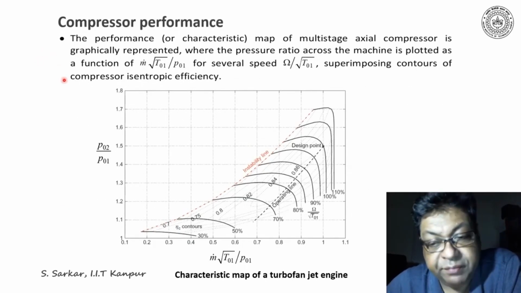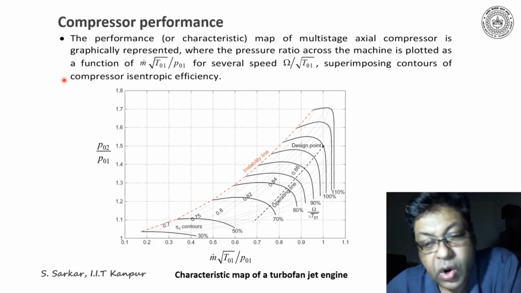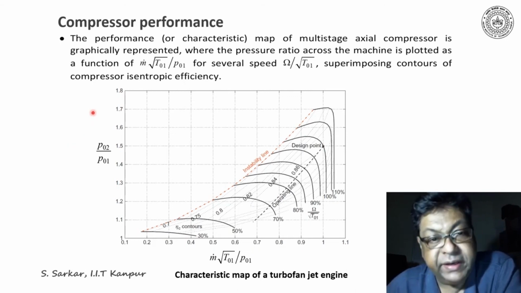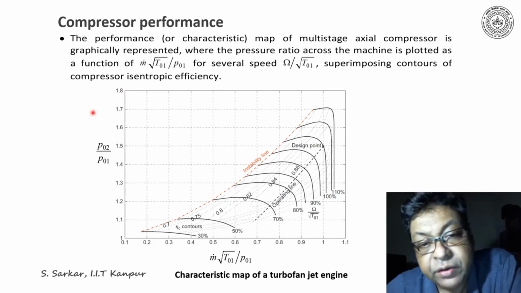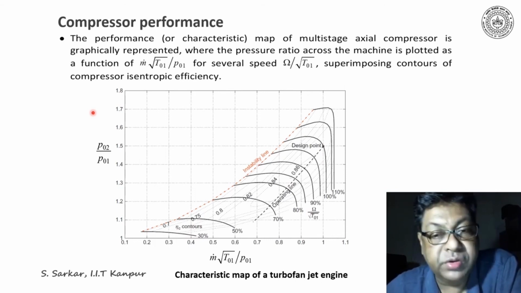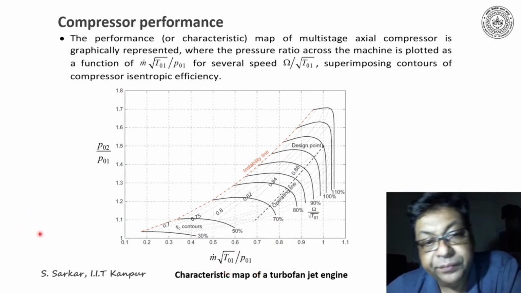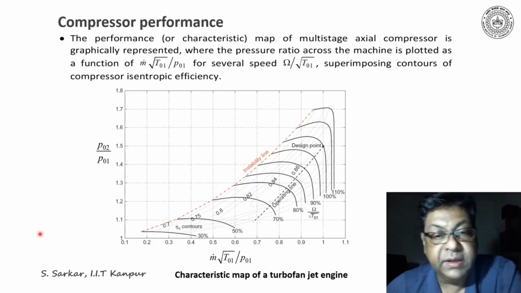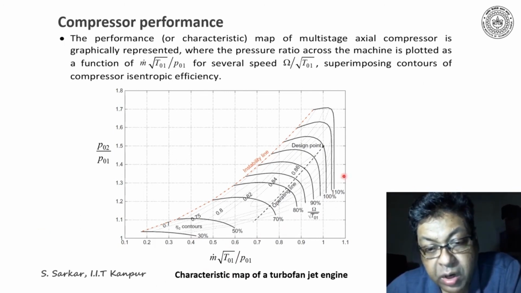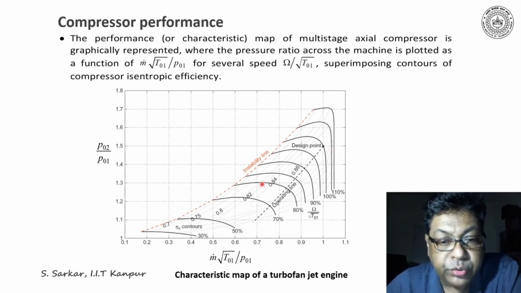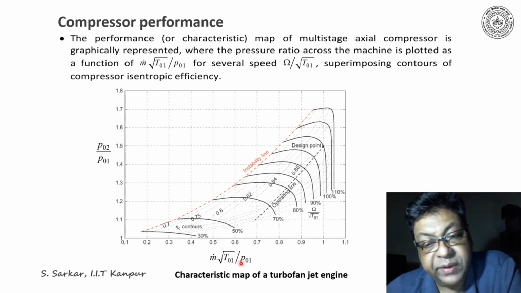The performance characteristics of a multi-stage axial compressor of a turbofan engine have been presented here graphically, where the pressure ratio across the machine is plotted as a function of mass flow rate, m dot root T01 over P01, for stable operating speed, omega over root T01, superimposing the contours of compressor isentropic efficiency.